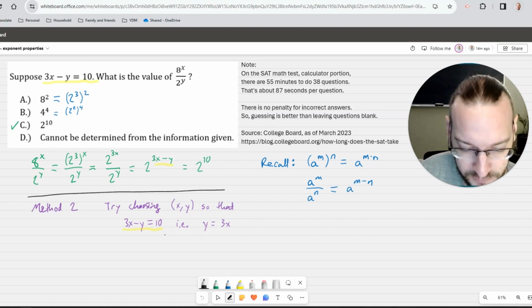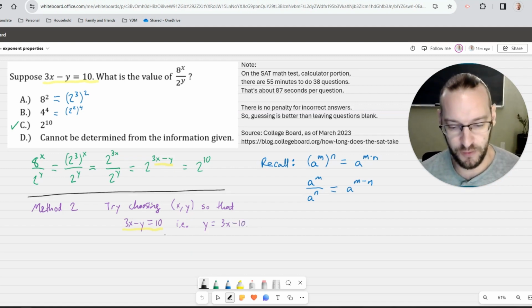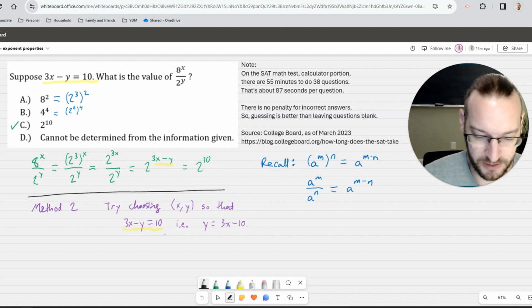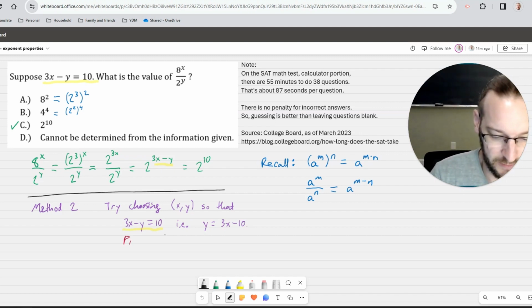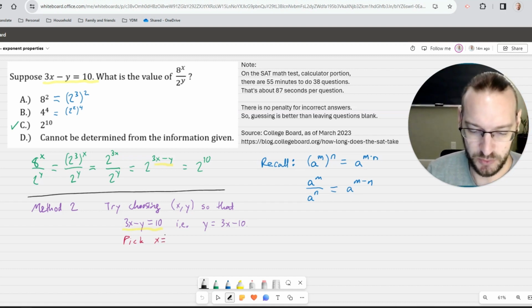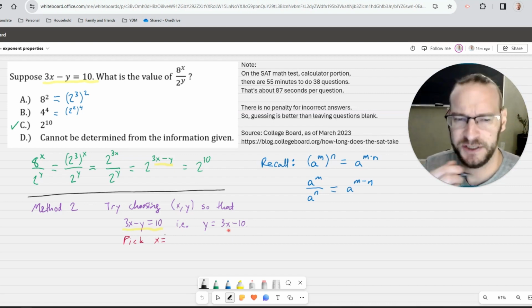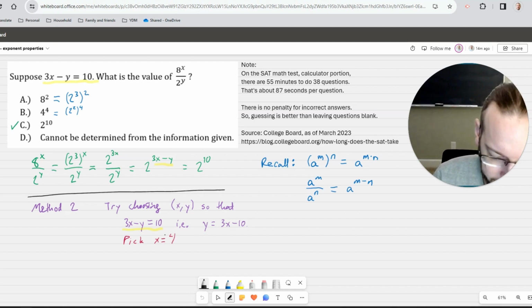Then we would get y equals 3x minus 10, right? So maybe what I could choose is, I don't know, what looks like a good value to pick for x to plug in right here so that I get some nice convenient values? Maybe 3 or maybe 4. Let's try 4. Let's try x equals 4.